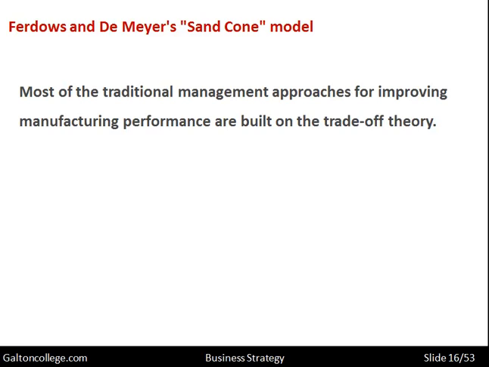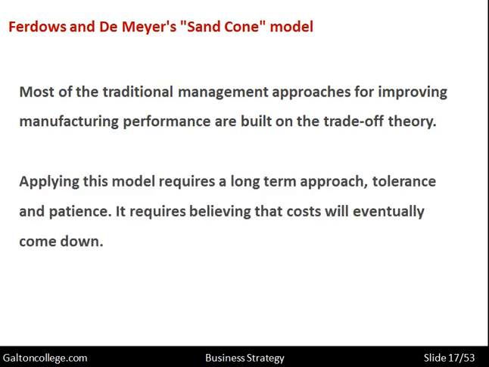But as I said, according to this particular model, some items are more important than others. For example, the business should ensure quality first. So quality is more important. Applying the model requires a long-term approach, tolerance and patience as well. It requires believing that costs will eventually come down.